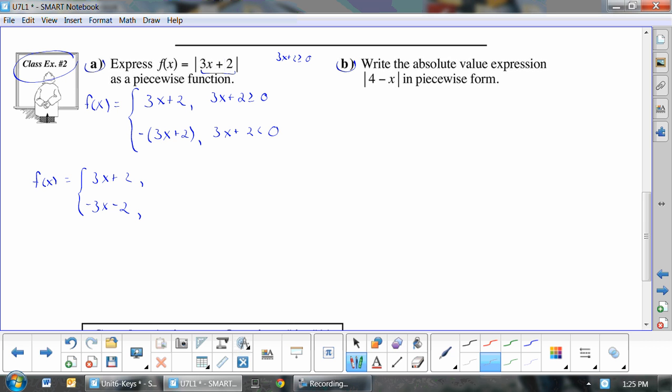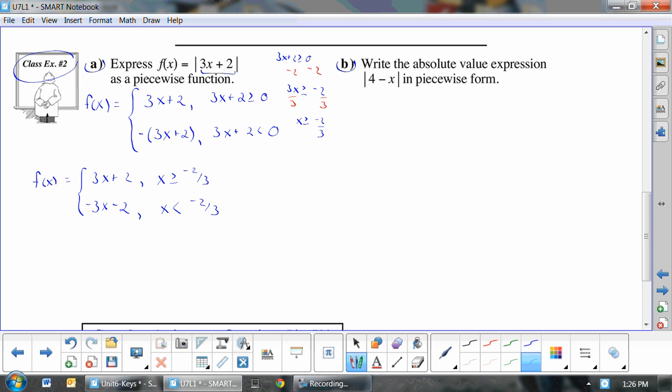And we can subtract 2 from each side, and we get 3x is greater than or equal to negative 2, and divide by 3. So we get x is greater than or equal to negative 2 over 3. And then we just get to write that right there. Okay? And then the other side is going to be the same, except it's that x is less than negative 2 over 3. Okay?